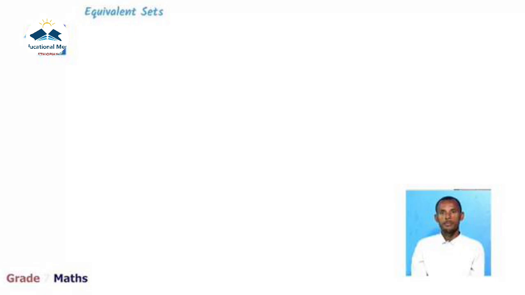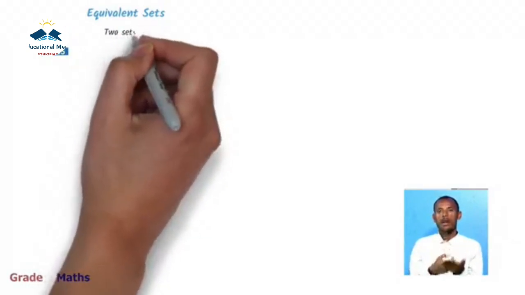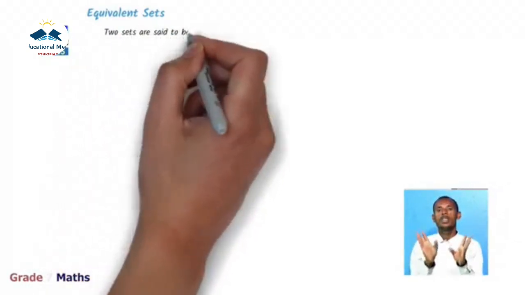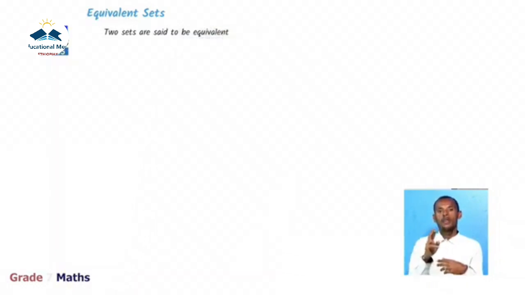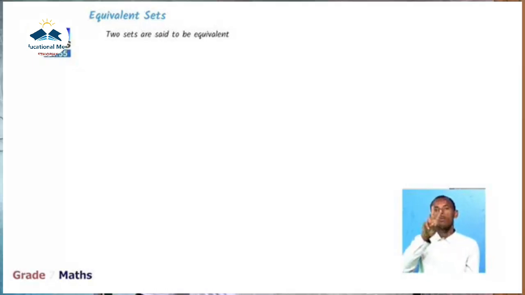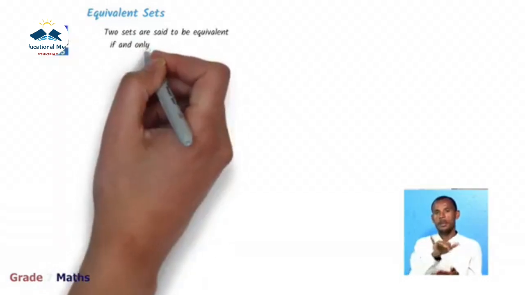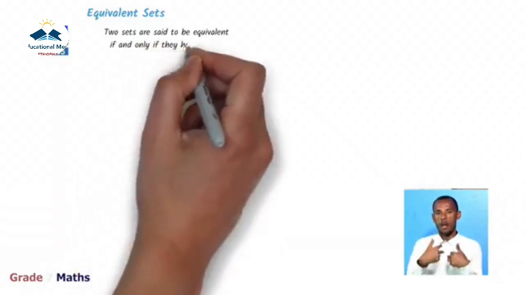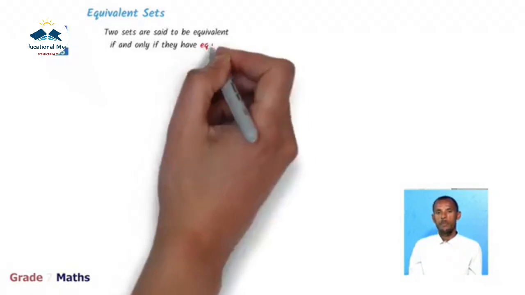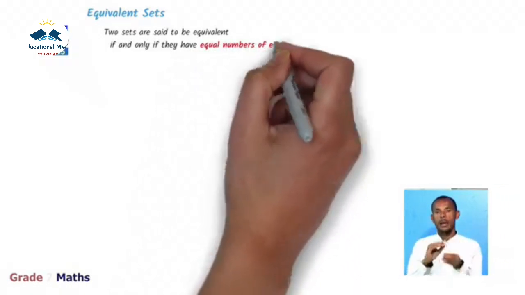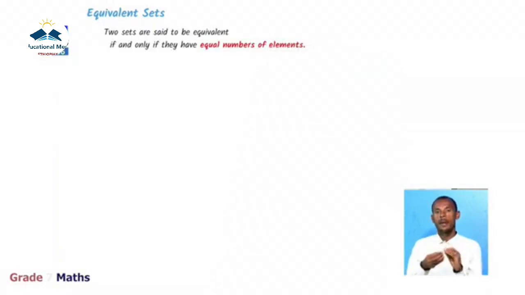Two sets are said to be equivalent if and only if they have an equal number of elements.